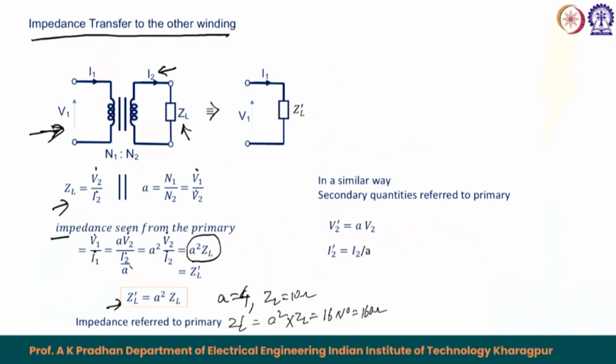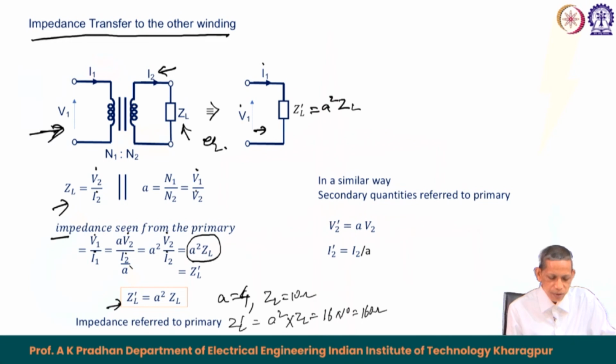Now, the equivalent of this one, from the primary side, the equivalent electric circuit diagram becomes ZL dash, which equals A square ZL, and that equals the V1 and the I1 phasors. So, V1 upon I1 phasor equals A square ZL. So, this is about the equivalence between the left hand side circuit and the right hand side circuit.